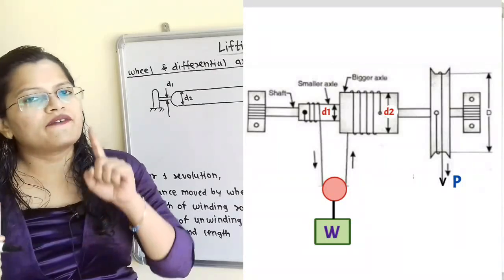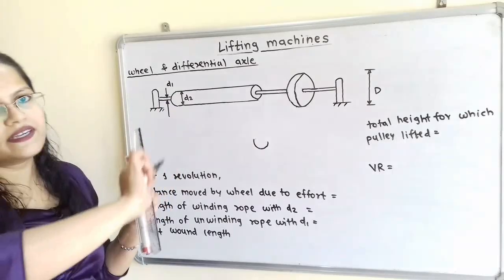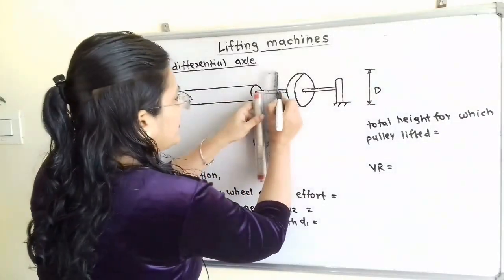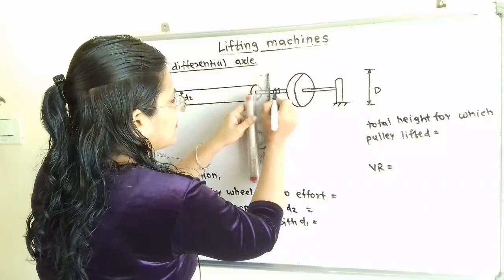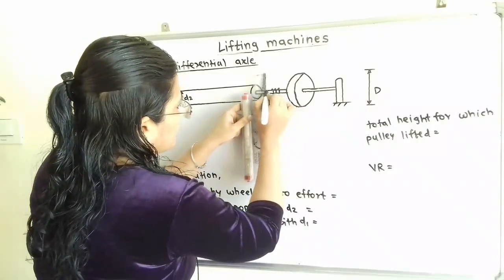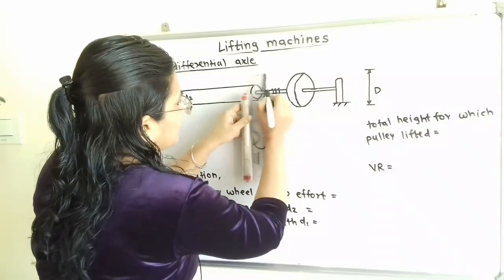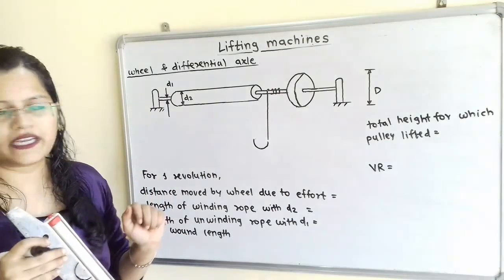So we will take one end of the rope. Now it is connected to the axle with diameter d1. So I will show here the connection. So here this rope is connected.